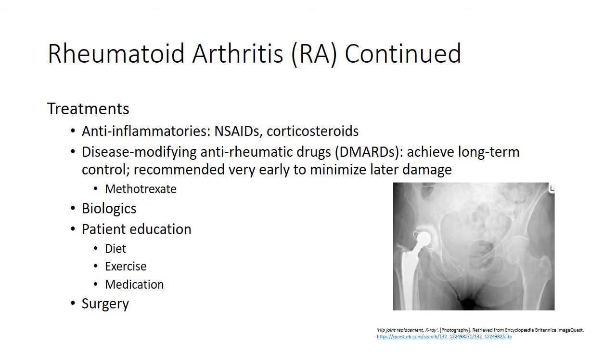So here you can see the x-ray. It's a rear view of the pelvis of an adult woman who has an artificial hip joint replacement. It's a metal ball and socket implant that helps to form that prosthetic joint between the pelvis and then the femur or the thigh bone.